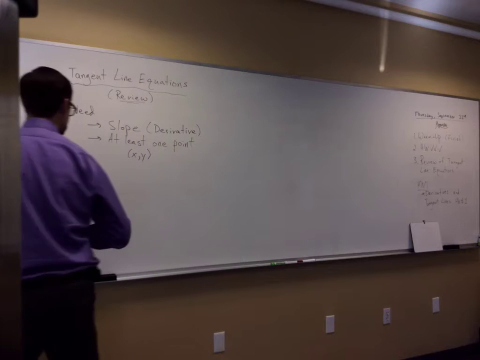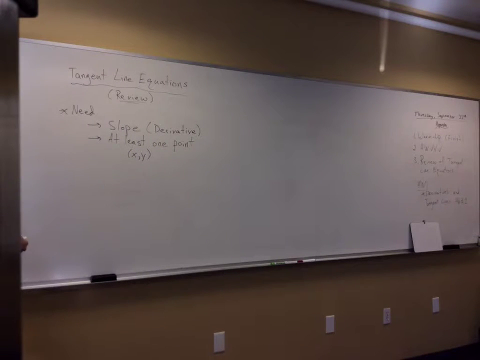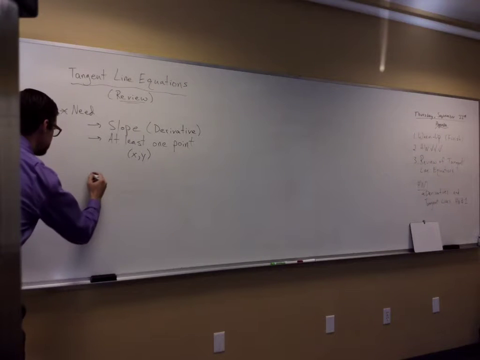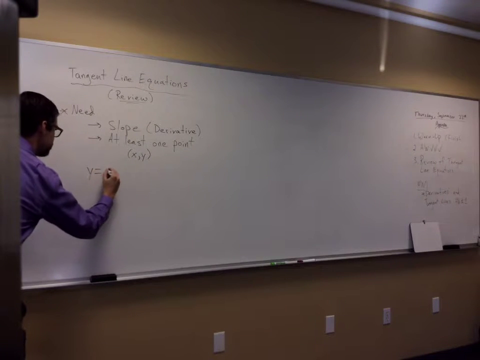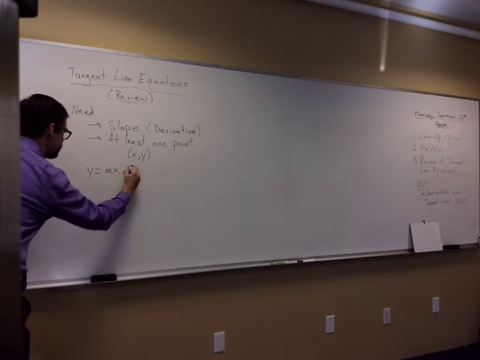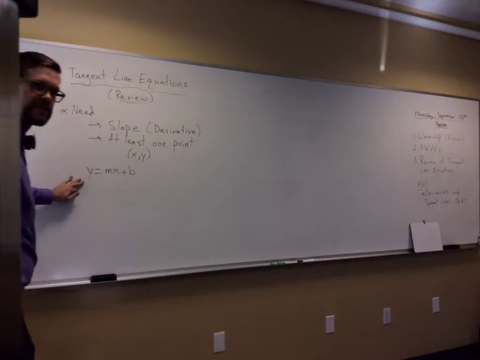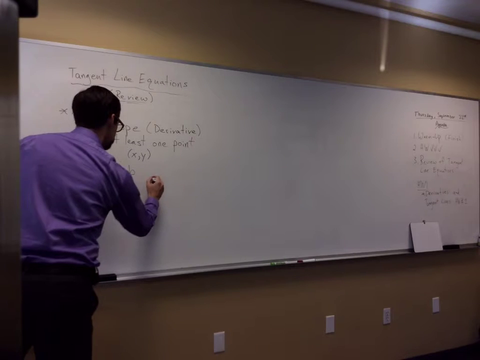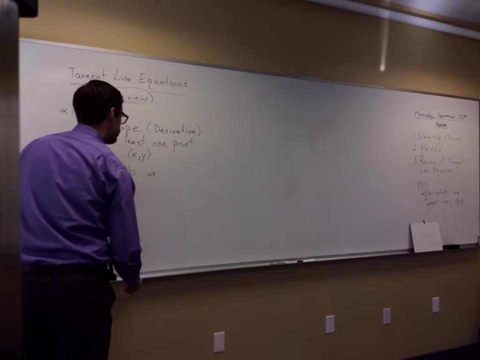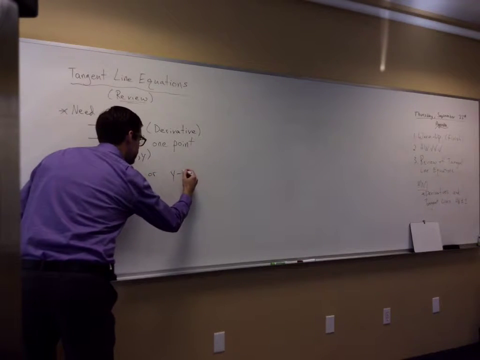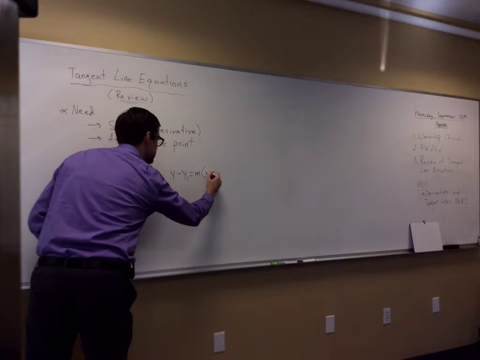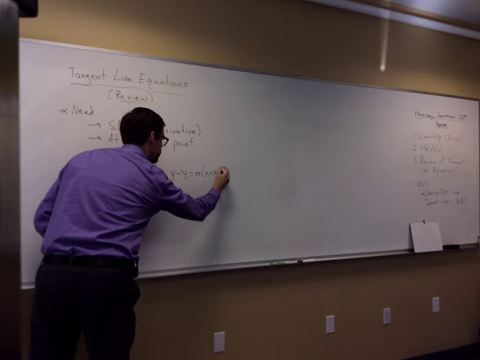And once you have that information, we have a couple different equations. y equals mx plus b is a popular one, which is slope-intercept form. Or y minus y sub 1 equals m times x minus x sub 1.